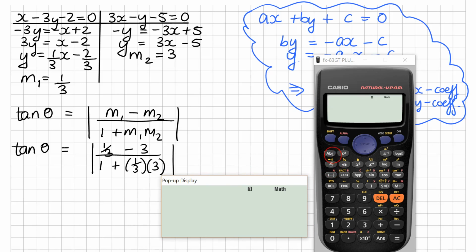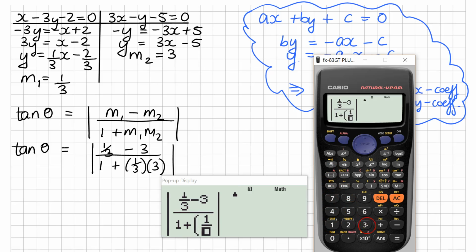I'm going to press my absolute value button, ABS, and then open up my fraction, and then go 1/3 minus 3, and on the bottom 1 plus bracket 1/3 times 3. Press equals, so I get 4 over 3.